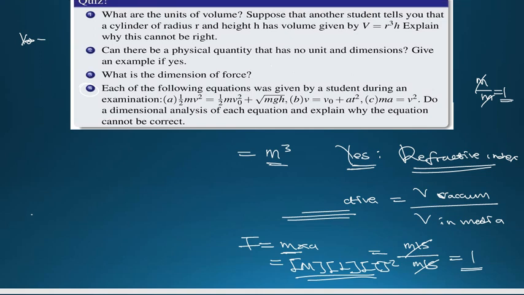Okay, so let's use this formula. I prefer using this one because it is simple.